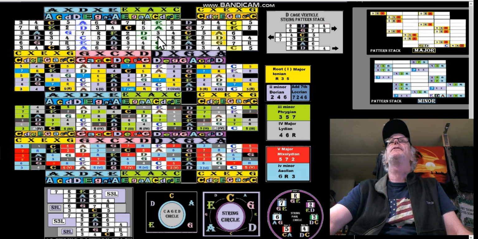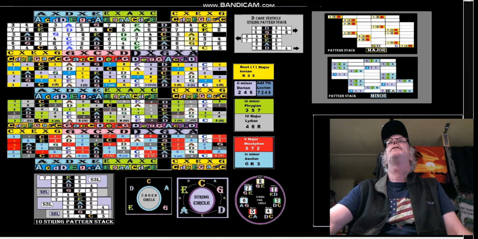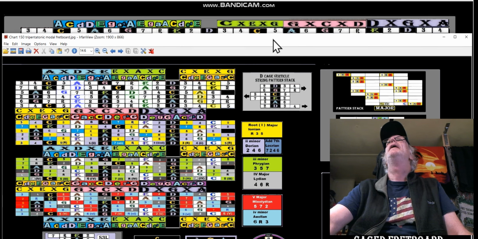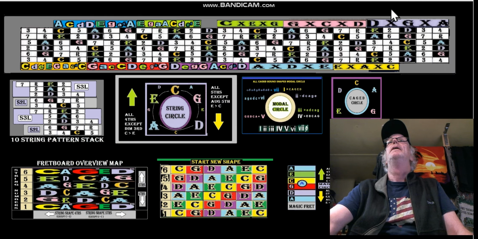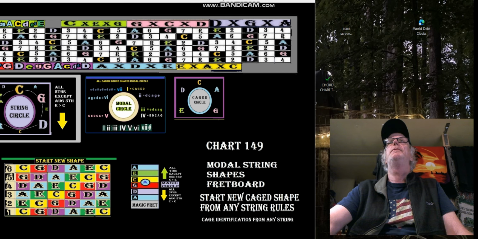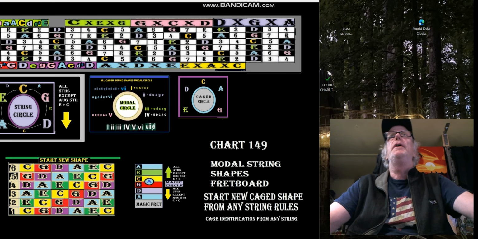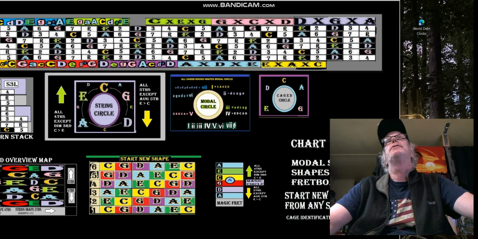Now, I'm not sure if this is the exact chart that I want to use to do it. All right, this is 150, and there's 149. Okay, this is 149. I made edits to this today. We have modal string shape fretboard. Start new cage shape from any string rules. Cage identification from any string.